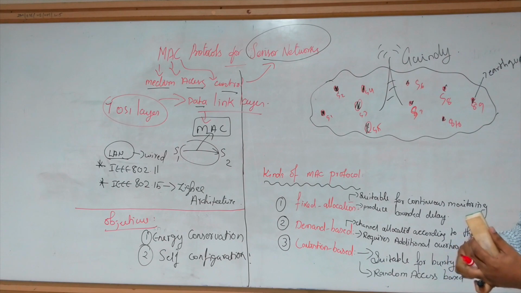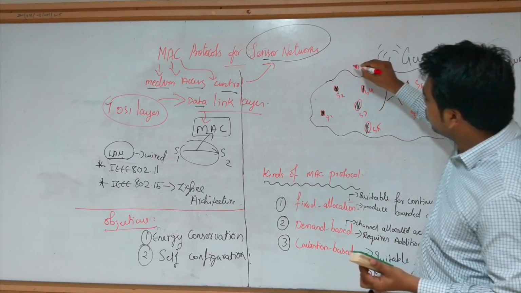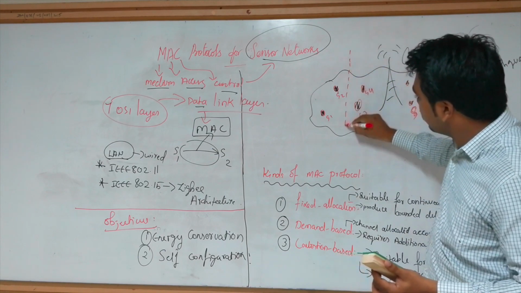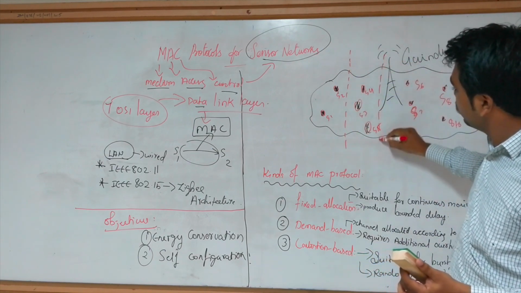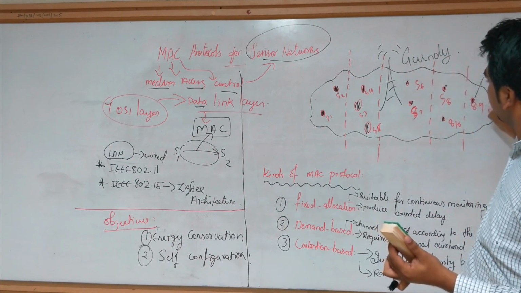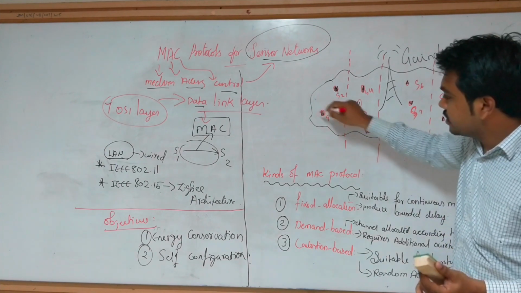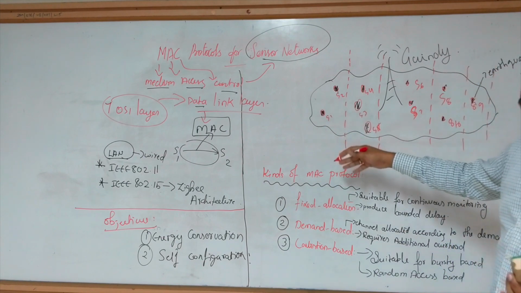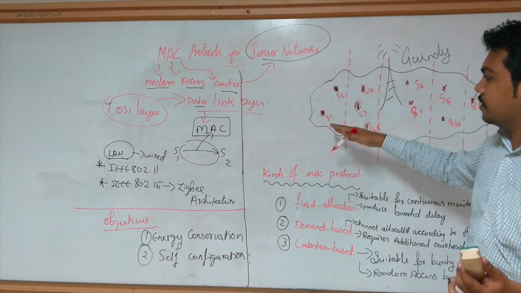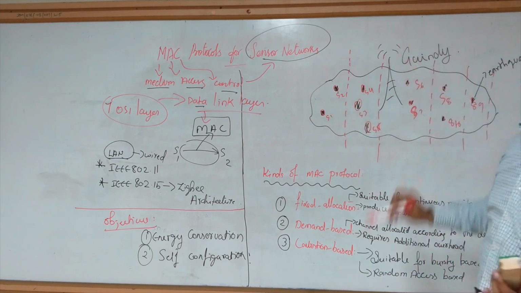Now, to understand the energy conservation concept, I am going to divide the sensors layer by layer. You know that our architecture is divided into two types: one is layered architecture, another one is cluster architecture. I am using the layered architecture over here. Just imagine in this area a small dislocation of earth materials happens, and it is detected and the sensor wants to send the signal over here.